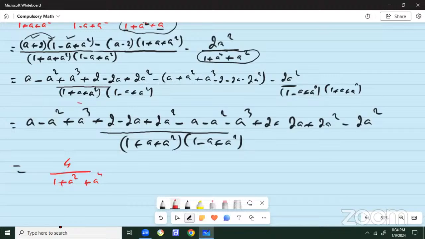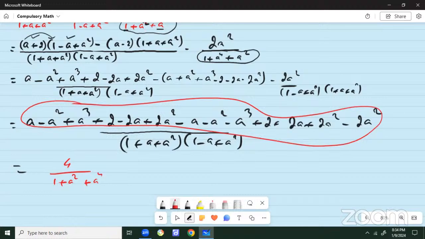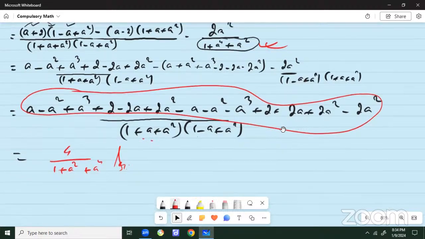That means simplifying this one, we get only one term left, 4, and multiplying these two again, you'll get back this expression, which is 1 plus a square plus a to the power 4. Did everyone get the same answer? Yes, sir. Okay, that's great. This is a very easy number, right?